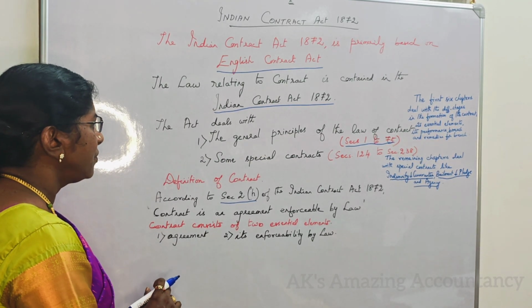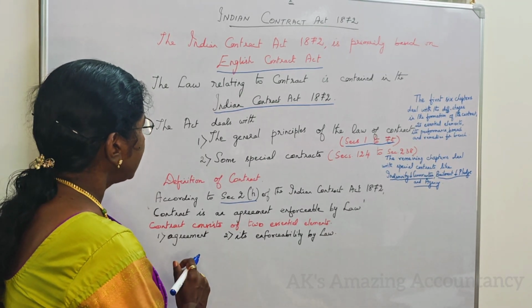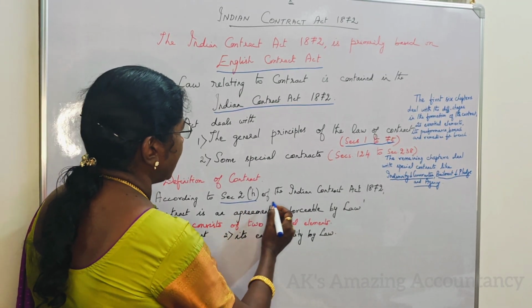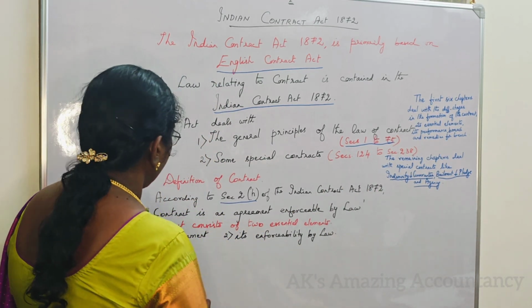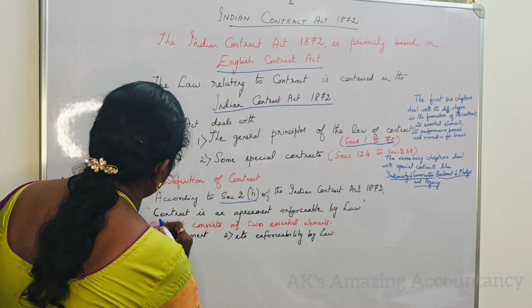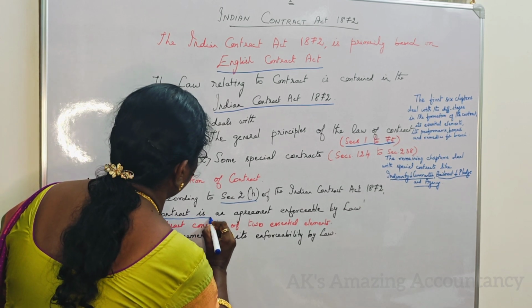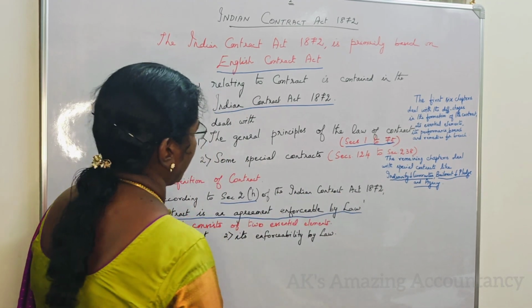So what is the definition we have for this term contract? Section 2 subsection H of the Indian Contract Act defines a contract, and according to section 2 subsection H, contract is an agreement enforceable by law.